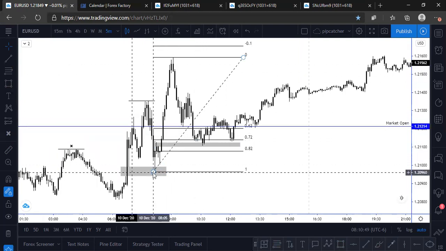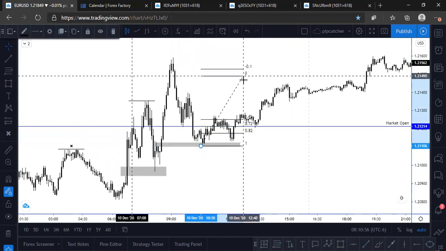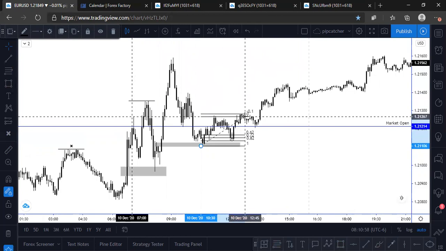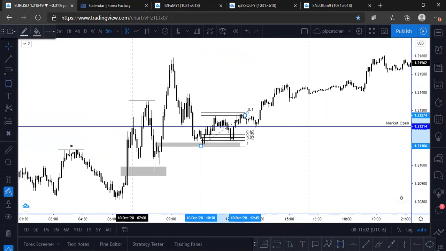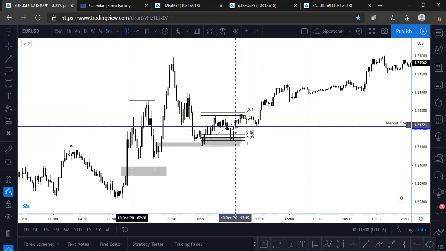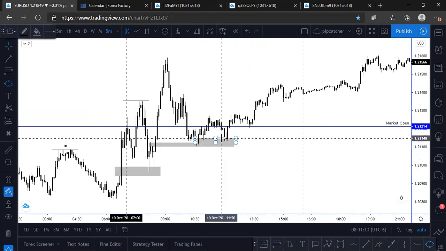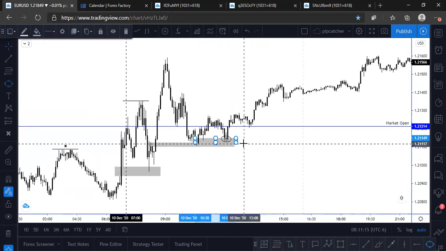And then look at this. So from this low right here, where our initial rejection was, up to this high, boom, right there. You see this right here. Could have had a beautiful entry right in here, right?